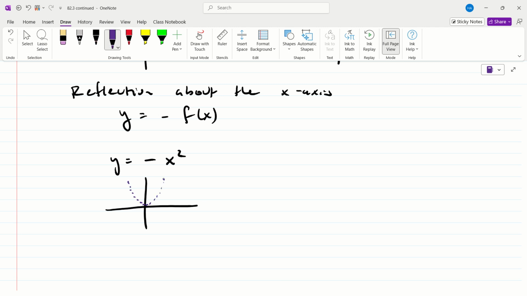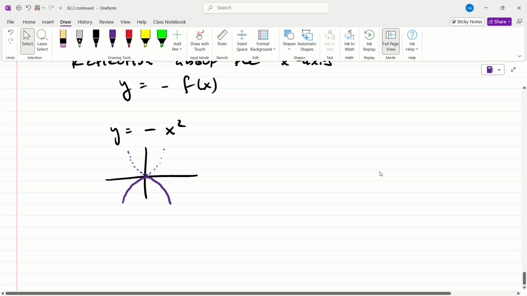It's just a parabola. And this negative is simply going to take these points and reflect them about the x-axis. So if you were to fold your paper along this line, those points will fall on this other side of the graph, and there's the graph of y equals negative x squared. That was a piece of cake, wasn't it?